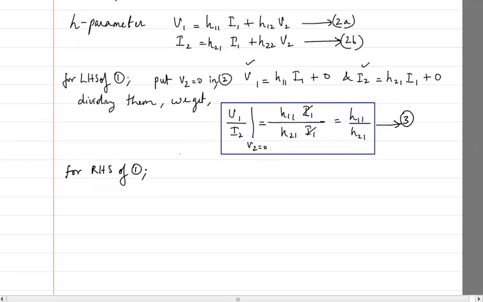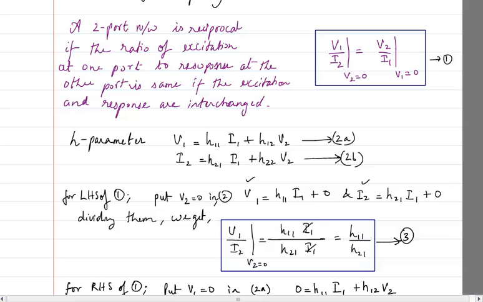So put V1 equal to 0 in equation 2a. I will get 0 equal to H11 I1 plus H12 V2. So I1 and V2 are there, and that is what I want in the right hand side, V2 by I1.